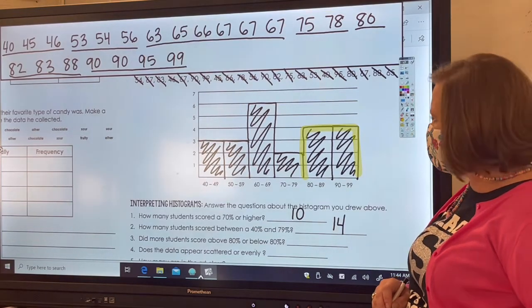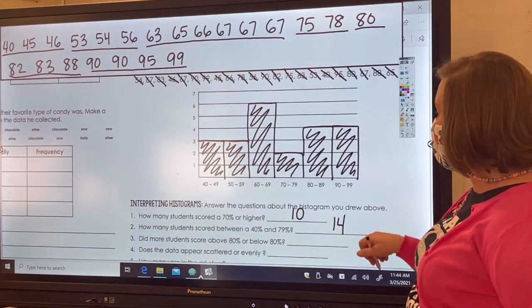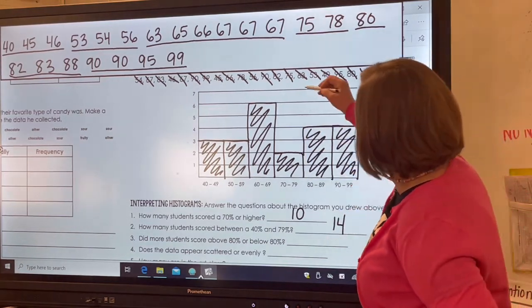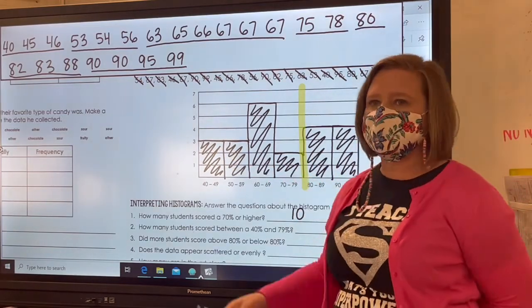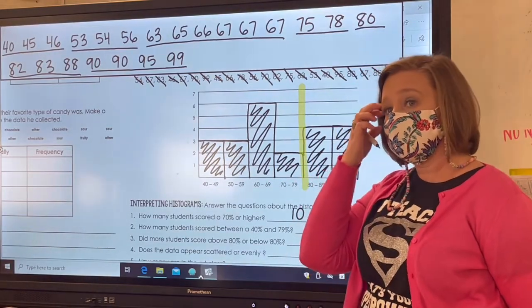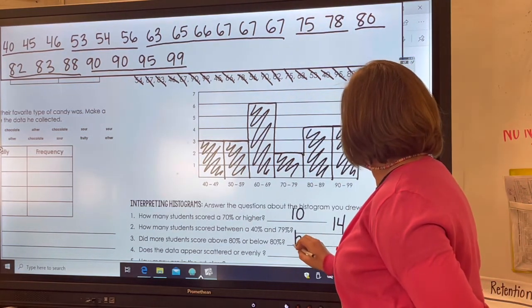Oh, and I just asked that the whole wrong way. Did more students score above 80 or below 80? Good Lord. I messed that one all up. So are there more students on this side of the line or that side of the line? Below. Yes, below. Sorry.